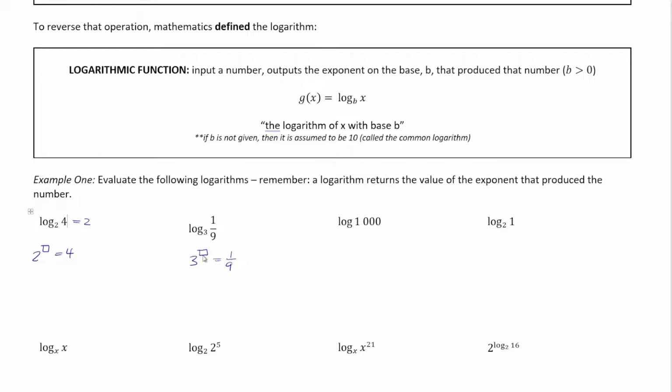Well, I know that 9 is basically 3 squared, but this right here is 1/3 squared, so that means that it was likely 3 to the power of -2. So log 1/9 base 3 is equal to -2. Again, you have to remember that the log will return the value of the exponent right there.